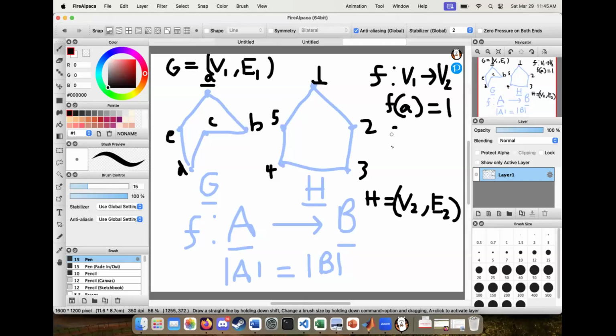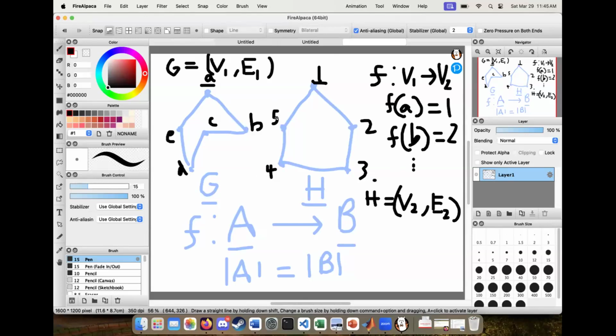So f of A should give me 1, f of B should give me 2, f of C should give me 3, f of D should give me 4, and f of E should give me 5. That's what a bijection would be for 2 graphs that are isomorphic.